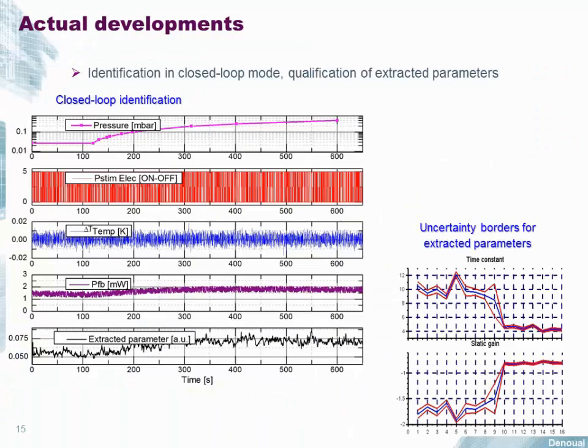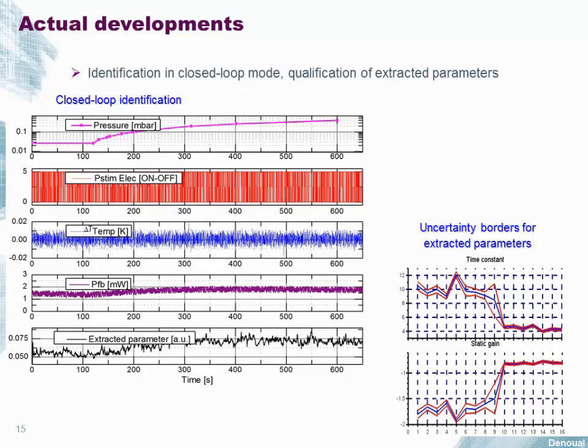Our current work is on the self-identification in closed loop mode. So these are some first results. In closed loop mode, the temperature will be kept constant, and we will be able to work at a faster speed, but still we can extract the parameters here.